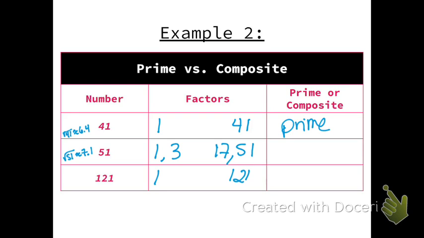And the square root of 121, well, that one's actually 11. That one works out nicely. So 11 times 11 is 121. Now you don't write 11 twice when you have your list. You just write it once. And since these last two items have more than just two factors, one and itself, these two are composite.